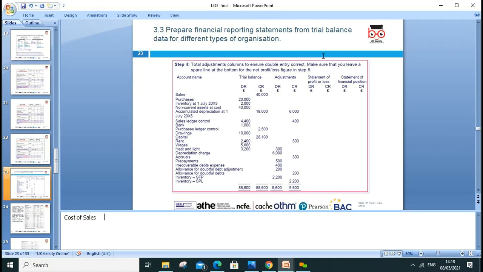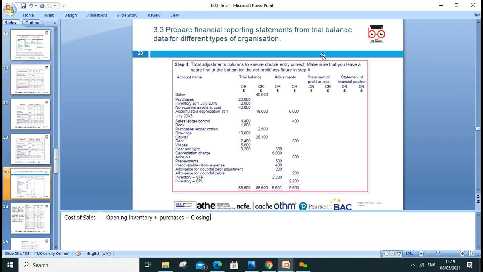Cost of sales equals opening inventory plus purchases minus closing inventory, and closing inventory always goes in both statements.